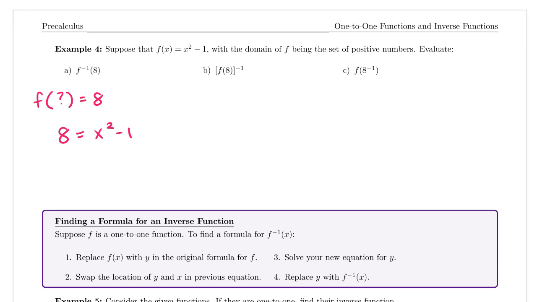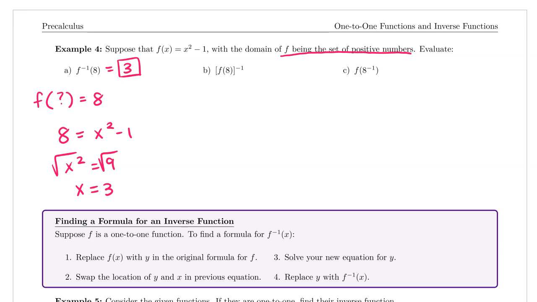If I add 1 to both sides, I get x squared is equal to 9, and then if I take the square root of both sides, I get x equals. Typically we would put plus or minus, but in this case, our restricted domain is only the positive numbers, so x equals 3. All of that was to say f inverse of 8 is equal to the number 3.